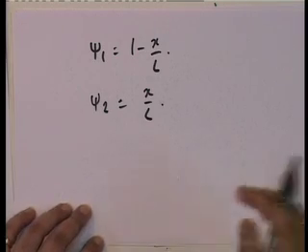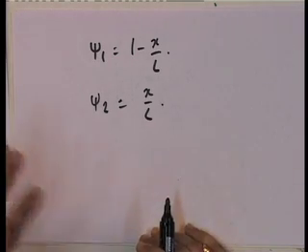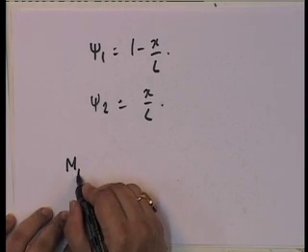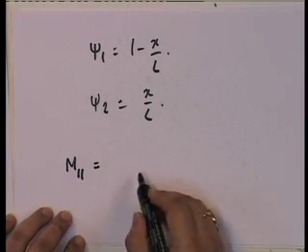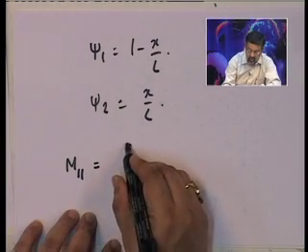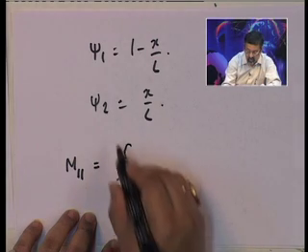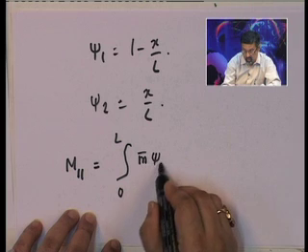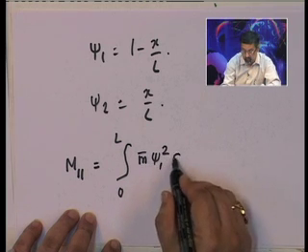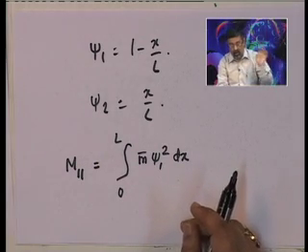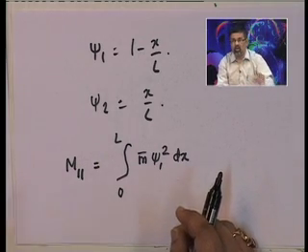Okay. So, now I know my m bar, my M11. What was it? M11 is, if you look at it, equal to the integral from 0 to L of m bar xi1 squared dx. That's M11. Look back, I've already derived it.